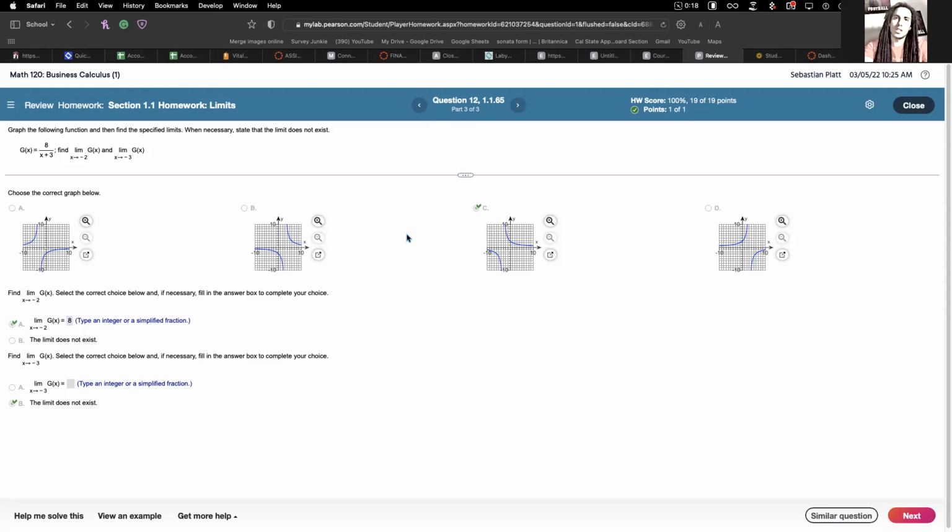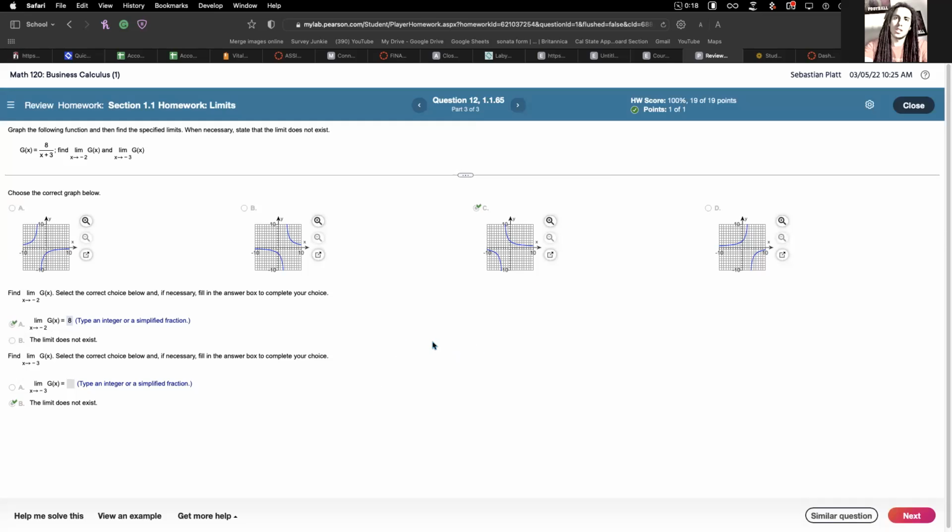So to find the limits, what they are looking for is what is the limit as x approaches -2? And then what is the limit as x approaches -3? So first, they want us to find the limit as x approaches -2.